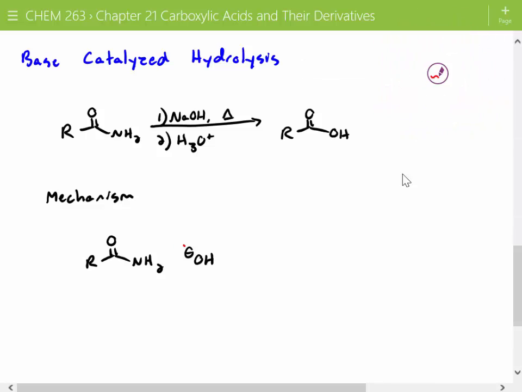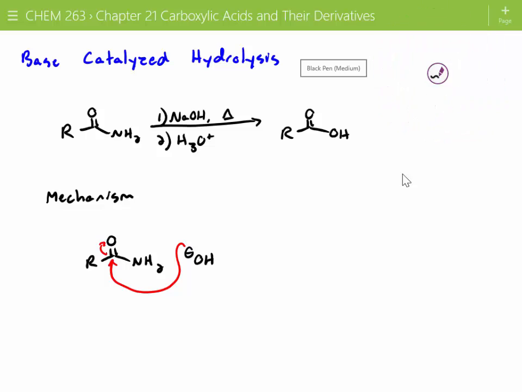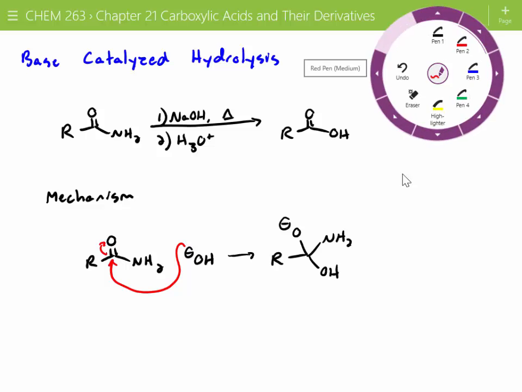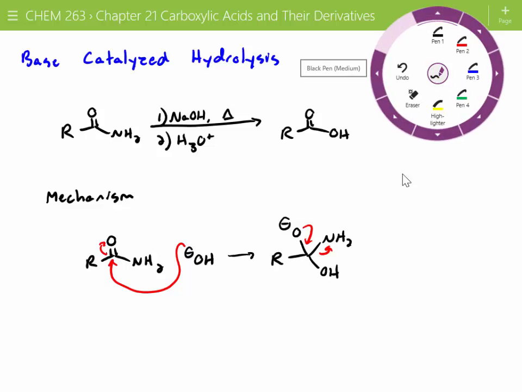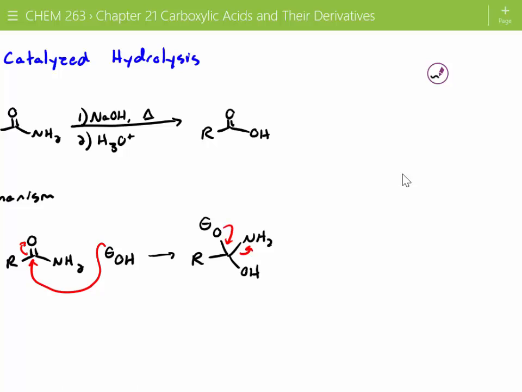The hydroxide will just immediately attack your carbonyl, kick up electrons. The oxygen will kick off your amide. And this is a pretty terrible leaving group, which is why you have to add so much heat to it.